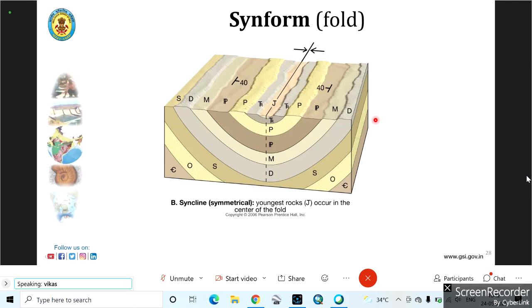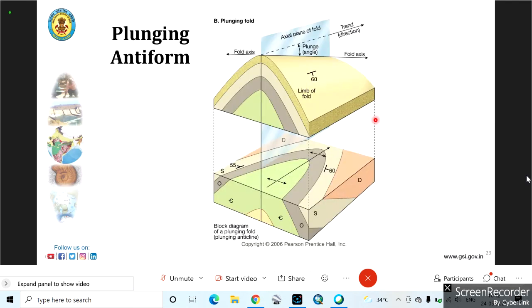Next, please. In the same way, notice here that in the upper part it's a plunging fold. The fold axis has an angle, and in its impression on the surface of the earth or on the map you can see a fold closure. So if beds form a fold closure on the map, on a satellite image or a geological map, you should understand that you are seeing a plunging fold.